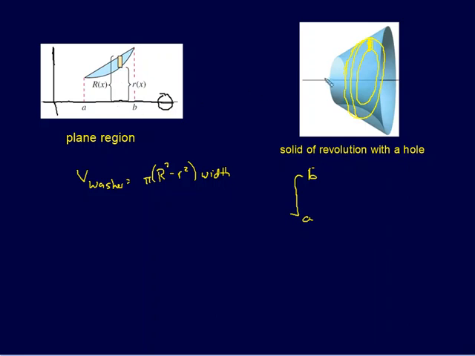In this picture, the long radius or the big radius is always from the axis of rotation, such as the x-axis, all the way to the top of that rectangle, or in other words, to the upper function, the one furthest away from the axis. And the curve closest to the axis is going to help define the small radius. But those are the parts that change as I go from A to B. And so those are each going to be a function of x.